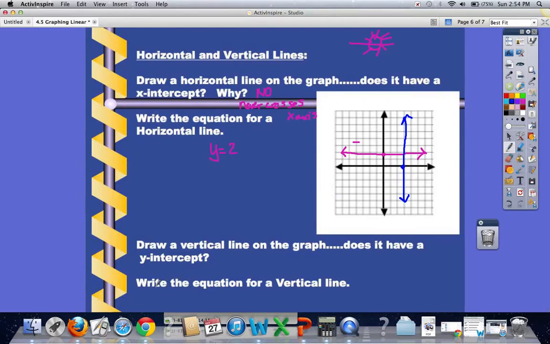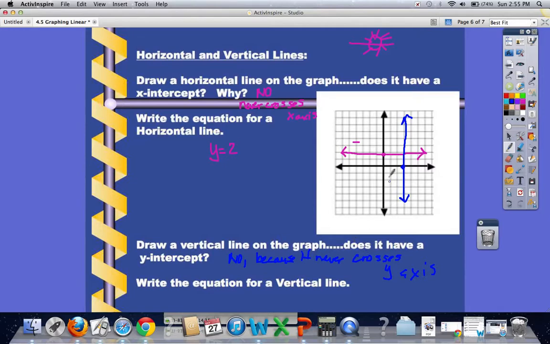Does this blue line have a y-intercept? No, because it never crosses the y-axis, so it cannot have a y-intercept.